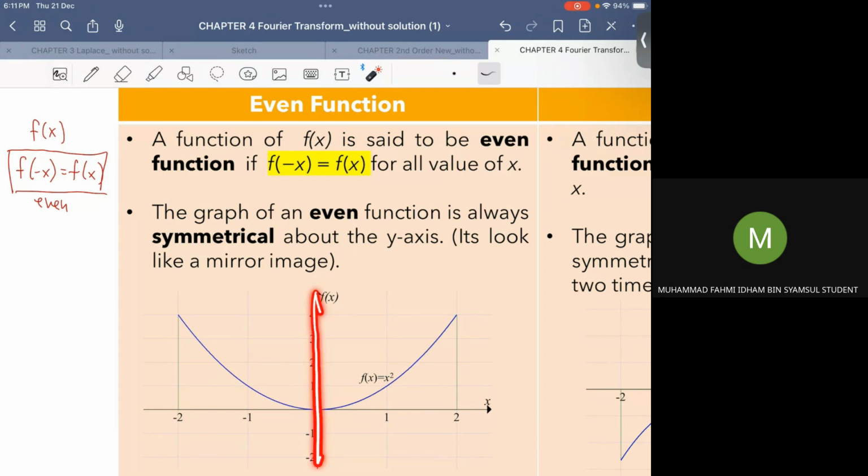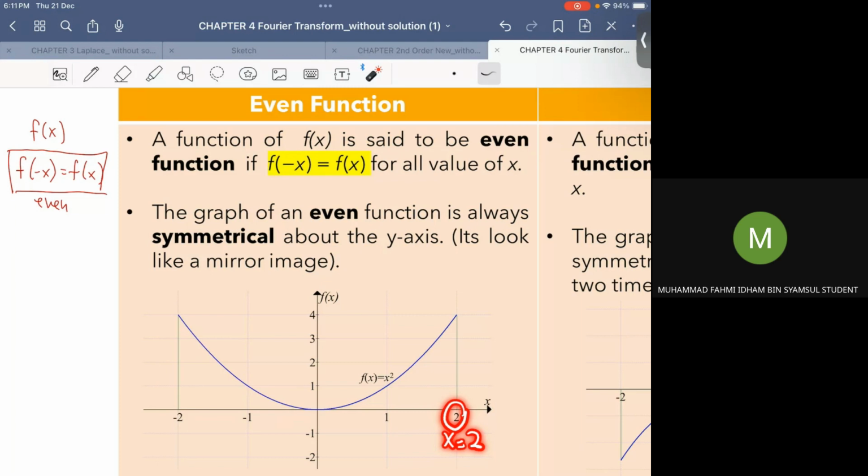So now let's see this graph. This is the y-axis and this is the x-axis. This function is x squared. So we try to plot x squared from -2 to +2. And then we observe that x squared is shaped like this. So let's try to prove this theorem, f(-x) equal to f(x). Now let's say x equal to 2.